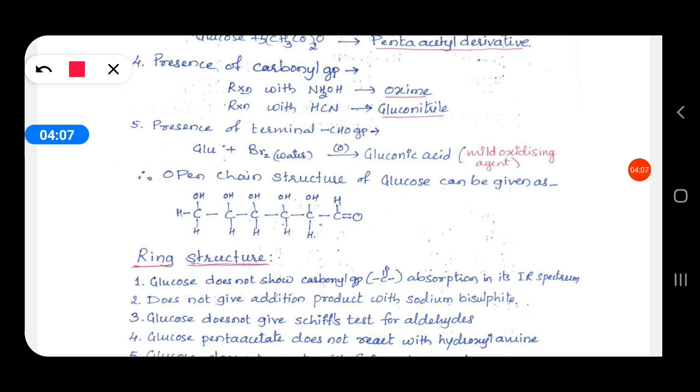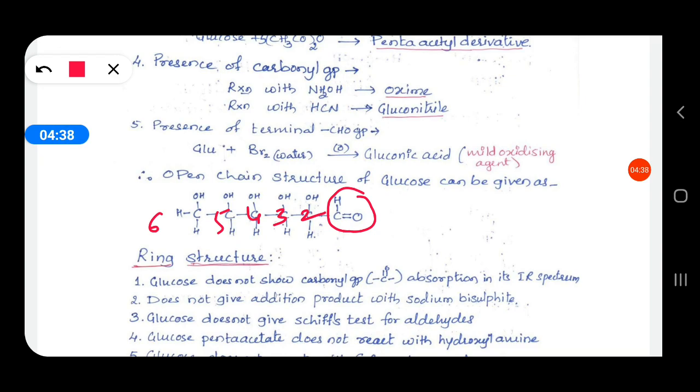In the open chain, the 6 carbons are in a straight chain, and the first carbon bears CHO. The second to sixth carbons, all 5 carbons, bear one OH group each, because glucose is a stable molecule, so no 2 OH groups are present on a single carbon.